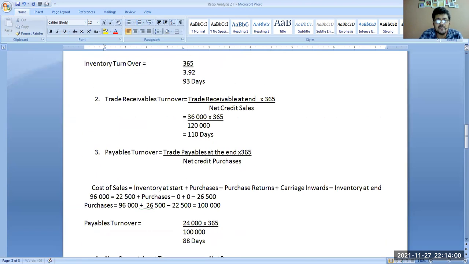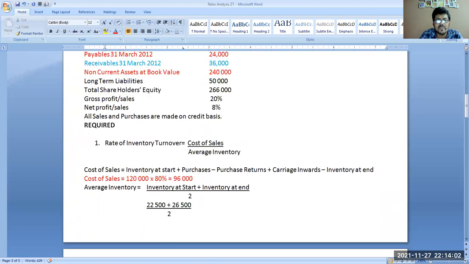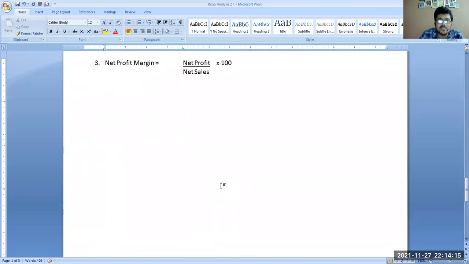By the way, in this question, we are given net profit margin, that is 8%. But even then, if you want to calculate net profit, we can calculate just like we calculate gross profit margin. Net profit margin is 8%. What is net profit?